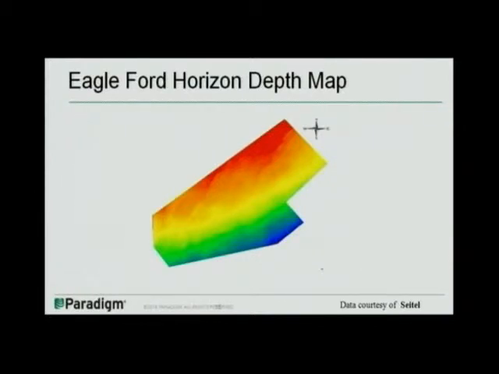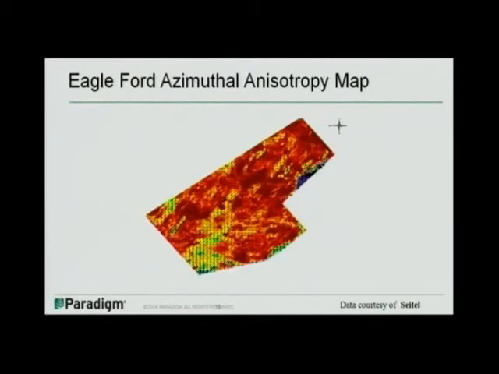So this is my depth map of this layer. You can see that it's very flat. And this is one of our final maps. So this is azimuthal anisotropy, and you can see heterogeneity. What is the value? Sorry? Is it velocity, shear wave, the P wave?